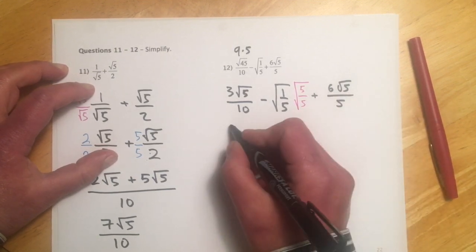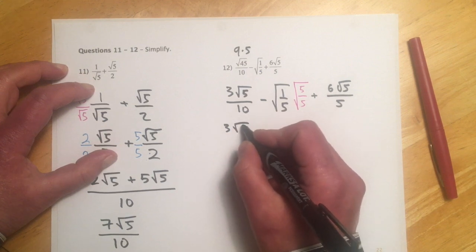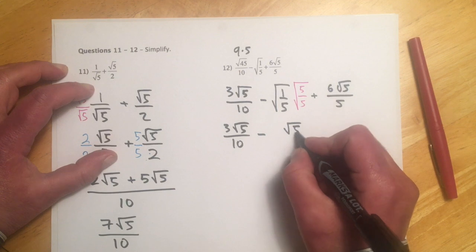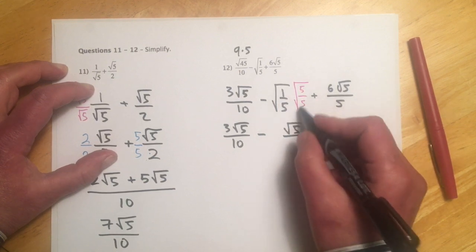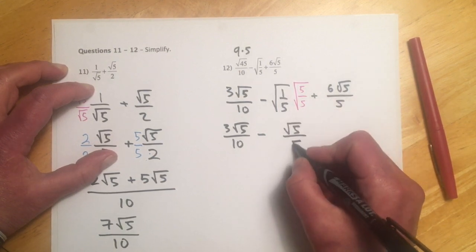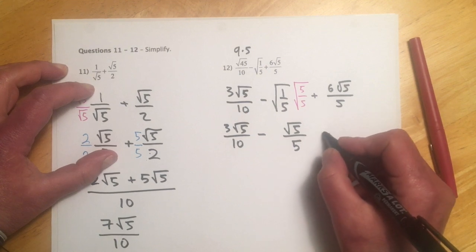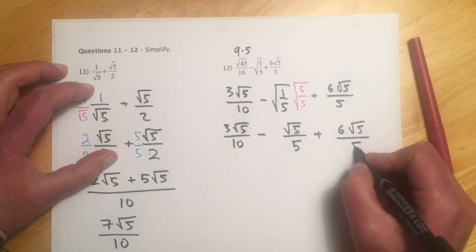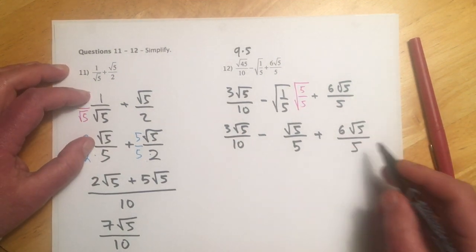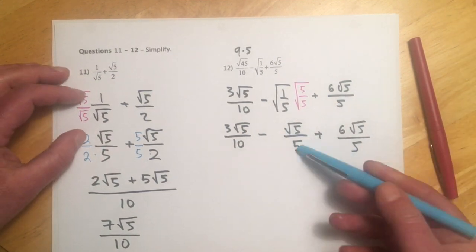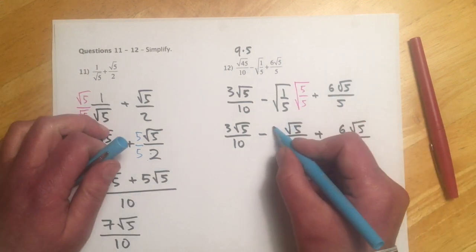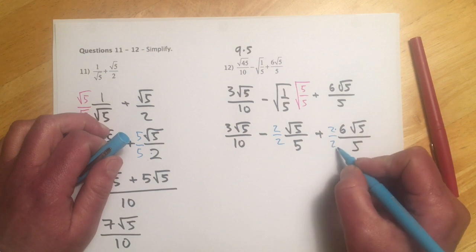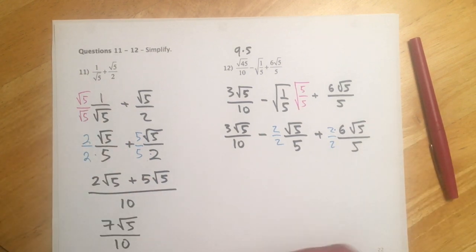So now this is going to be 3 root 5 over 10 minus root 5 over 5, because that's root 5 makes 5, and then plus 6 root 5 over 5. So you can see we got 10's and 5's, so that means I need to bring these ones up to 10. So that's going to be 2 over 2 times, and then 2 over 2 right there.